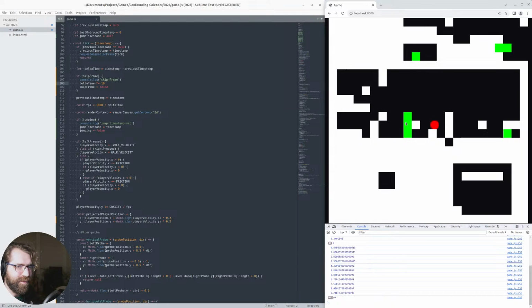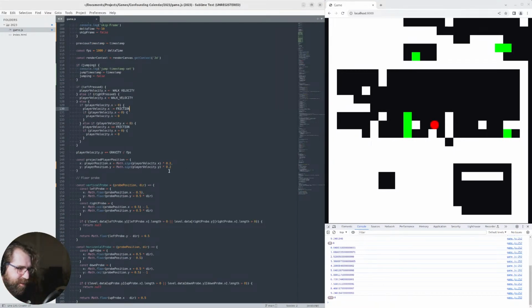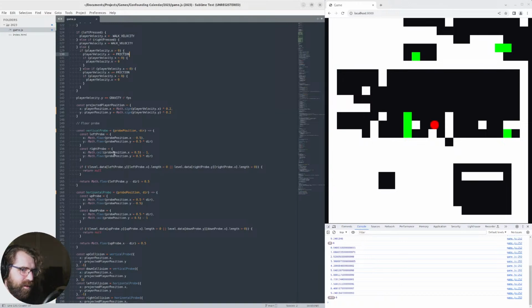But still, it shouldn't happen, right? Because I'm doing all my collisions based on a non-frame-rate-dependent probing. But that doesn't matter. Yeah.